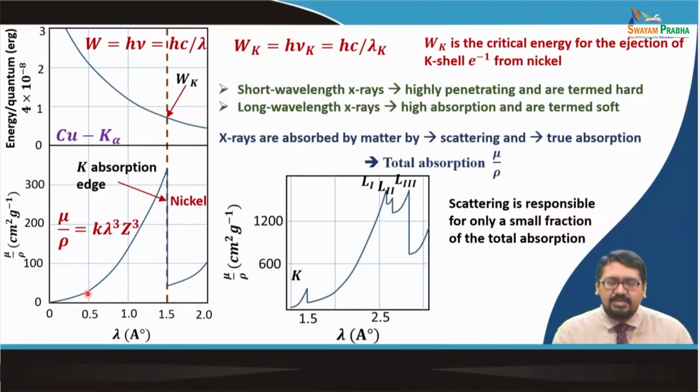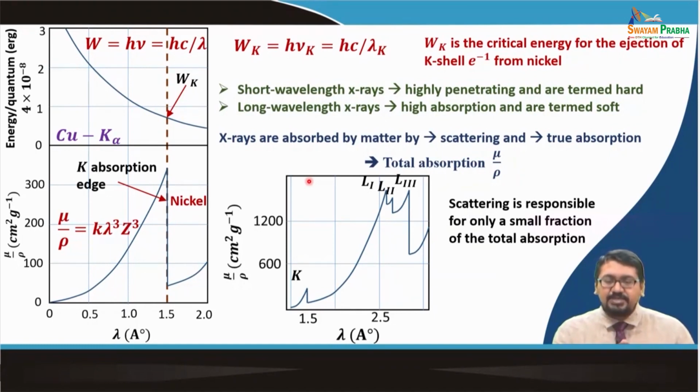Now, here we are showing another schematic, where the lambda that we have shown up to 2.0 we are extending to a higher lambda, and the x axis is lambda and the y axis is again mass absorption coefficient.